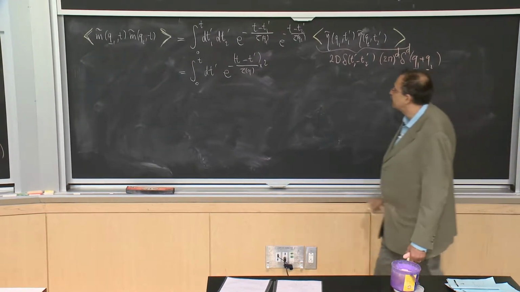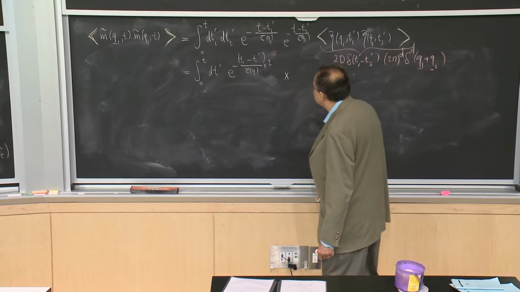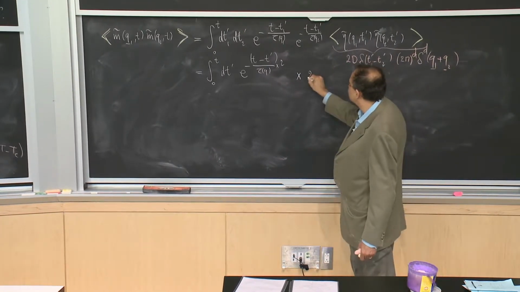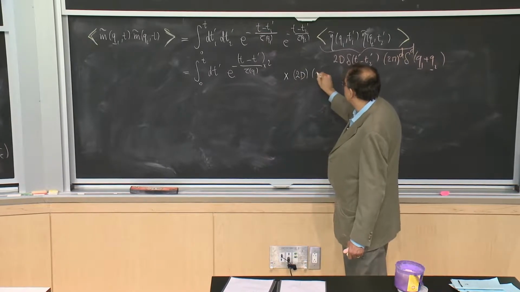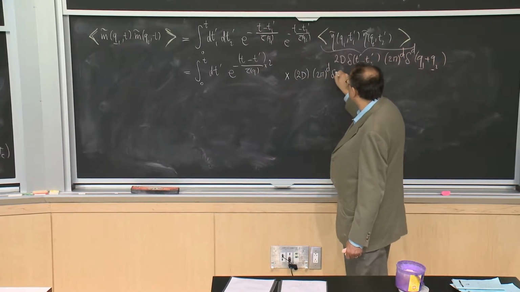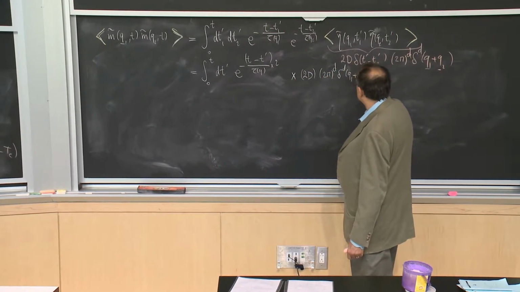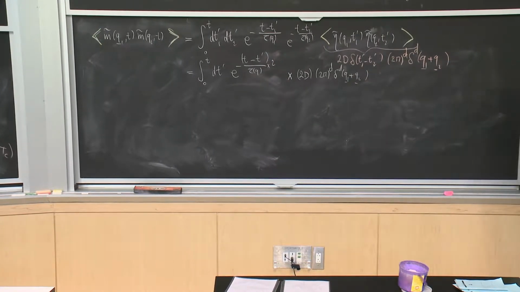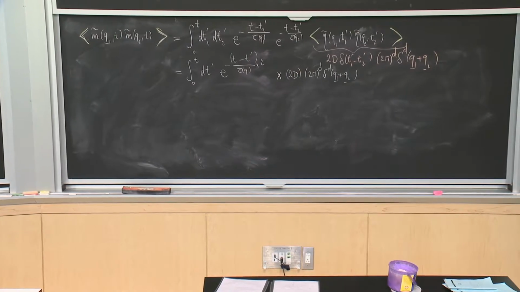And outside of the integral, I will have this factor of 2d and then 2 pi to the d delta function q1 plus q2.